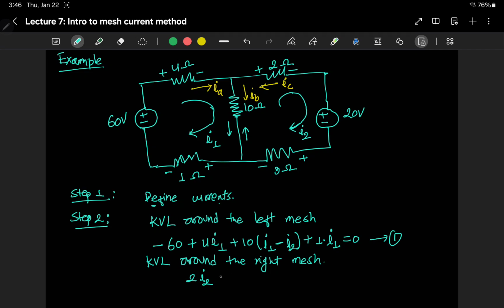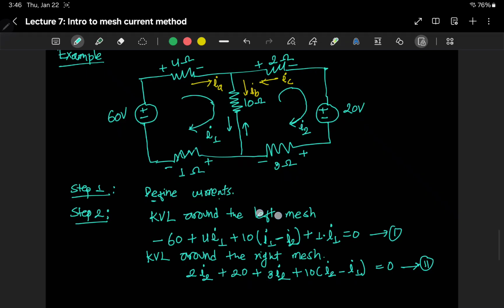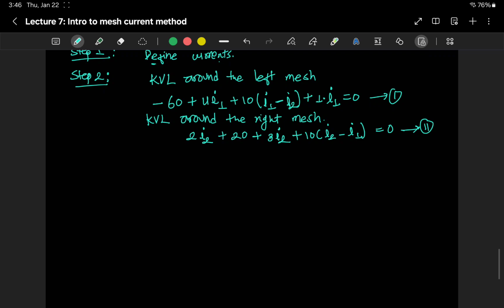Now we are going from positive to negative terminal, so we have 20 volts plus 3I2, and we are closing the loop by going to this 10 ohm resistor where I2 is in the positive direction as looked from the right mesh, but I1 is in the opposite direction of I2, so we have to subtract I1 for that resistor. That again gives 0, which is our second equation. So we have 2 equations and 2 unknowns, I1 and I2, so we can solve those.